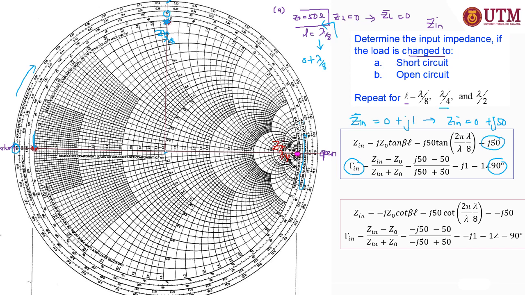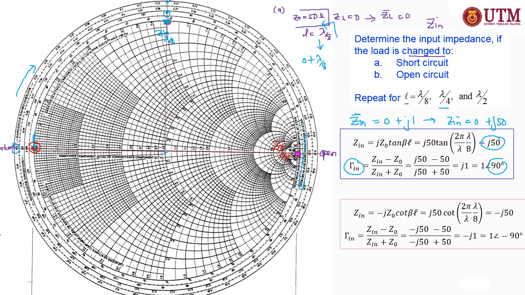So again, you can read through the value and also the imaginary part. And same goes for lambda over 2. So 0 plus lambda over 2 is 0.5. So Z in when lambda over 2 is at the same point as the load position.